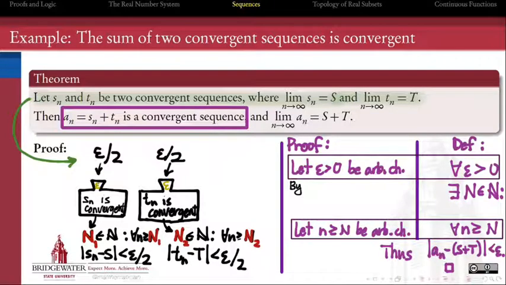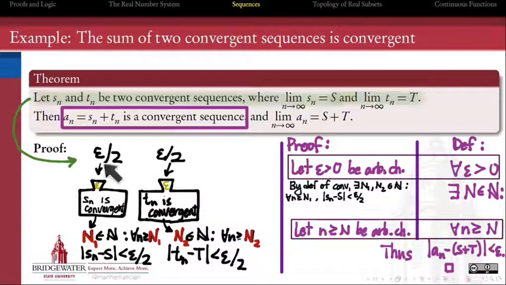So the first thing that we'll do is we'll appeal to these definitions. So by definition of convergence, there exists an n1 and an n2, both of them natural numbers, that has the property that for all n greater than or equal to n1, the absolute value of Sn minus S is less than epsilon over 2.